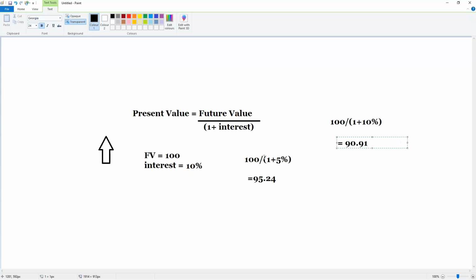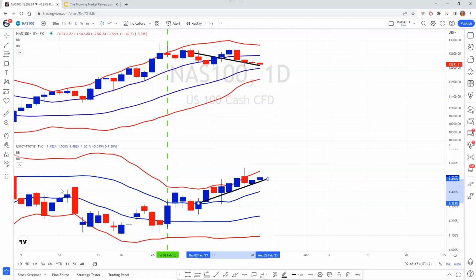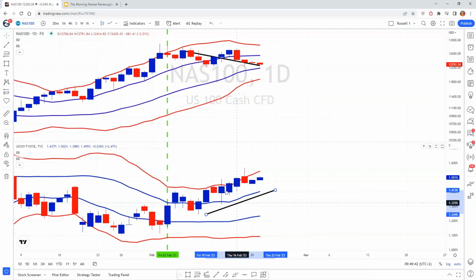So look what's happened here. Interest rates have risen, okay, but present values are coming down. So what we can see is as the interest rate moves up, okay, the NASDAQ is starting to come down.